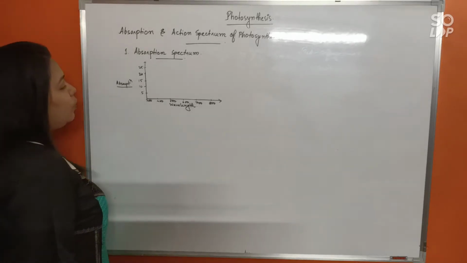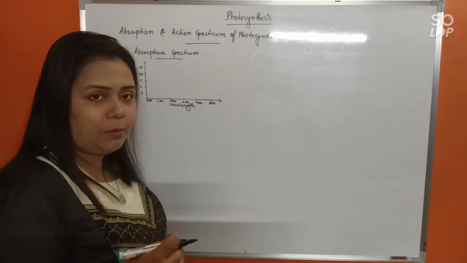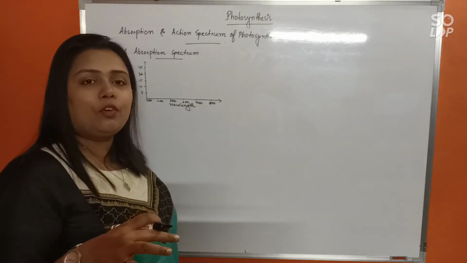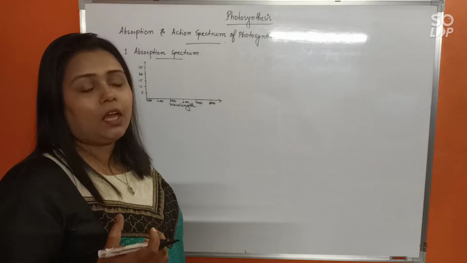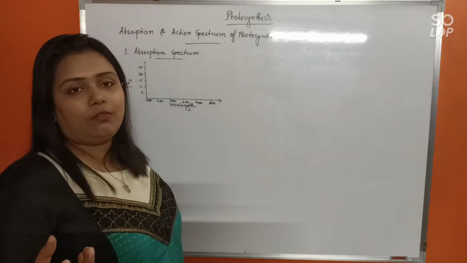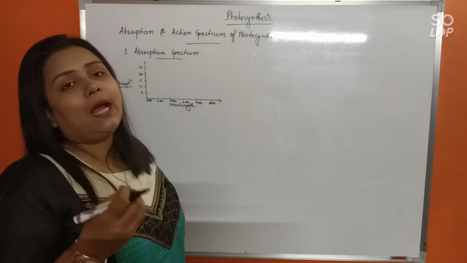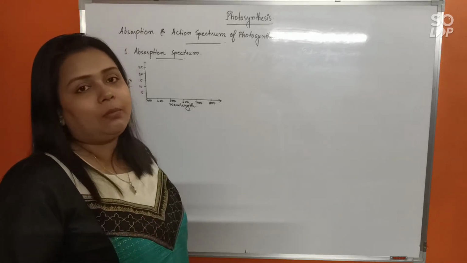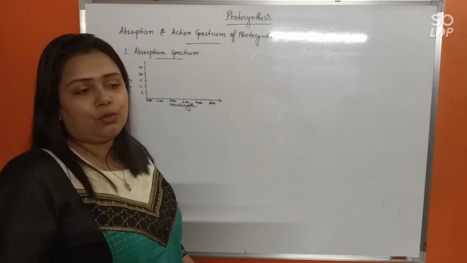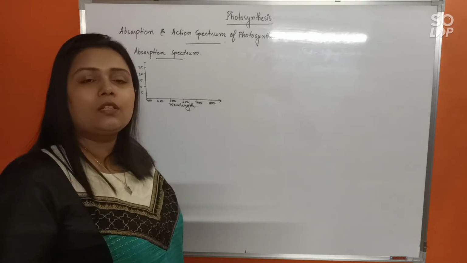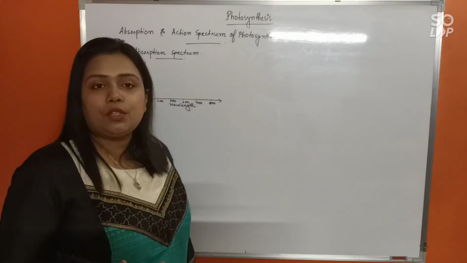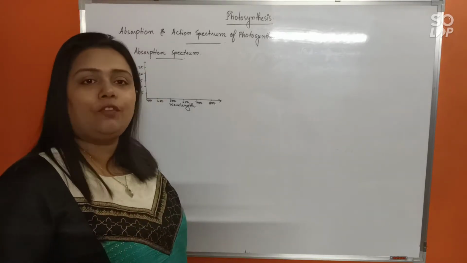Now whenever you take a photosynthetic pigment and try to measure which particular wavelength of light it is absorbing, or how much energy of a wavelength it is absorbing, that measurement can be done. Usually it is done using an instrument called a spectrophotometer, which is used to see the absorption of light.